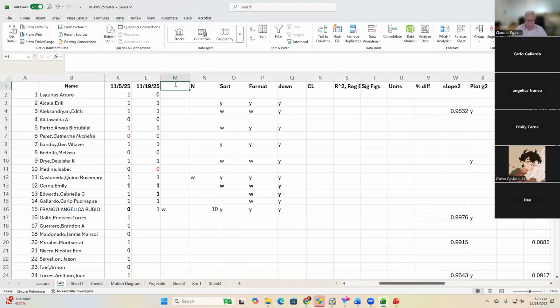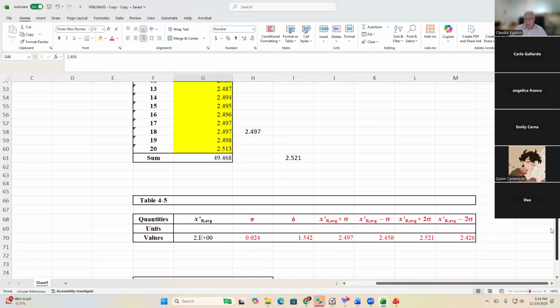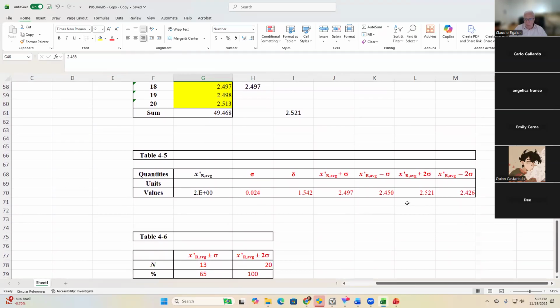Can you show how to do that one again? What, the plus and minus 2 sigma? Yeah, you're talking about the plus and minus 2 sigma, right? Yes. Okay, so here you go. The numbers are already here for you, right?